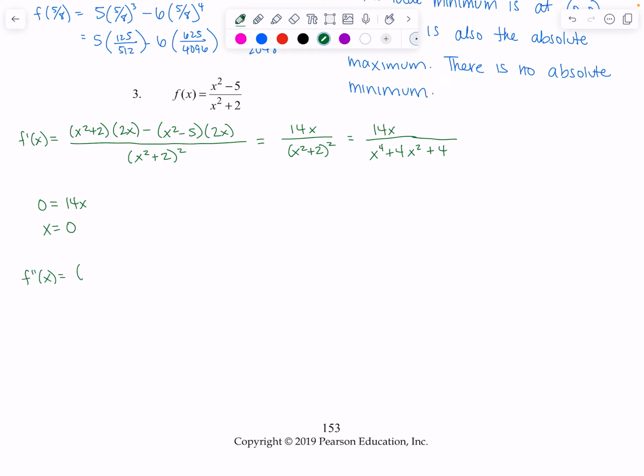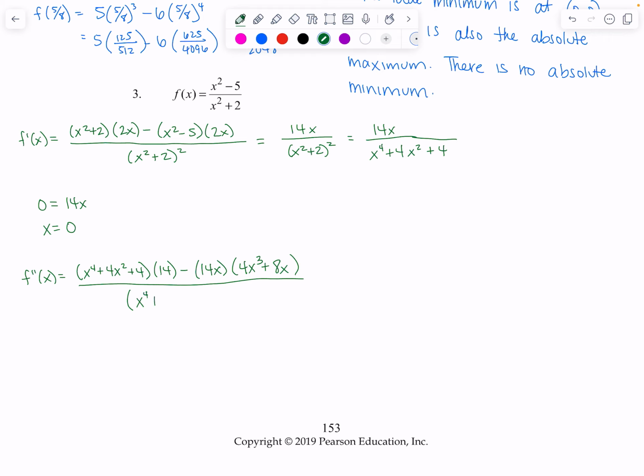Okay, so now when we take our second derivative, we have the bottom times the derivative of the top minus the top times the derivative of the bottom over, oh, that's not the derivative of the bottom. The derivative of the bottom, it's going to be 4x cubed plus 8x over the bottom squared.